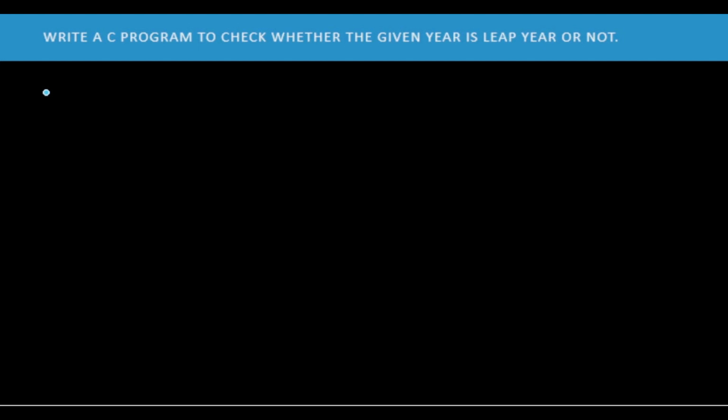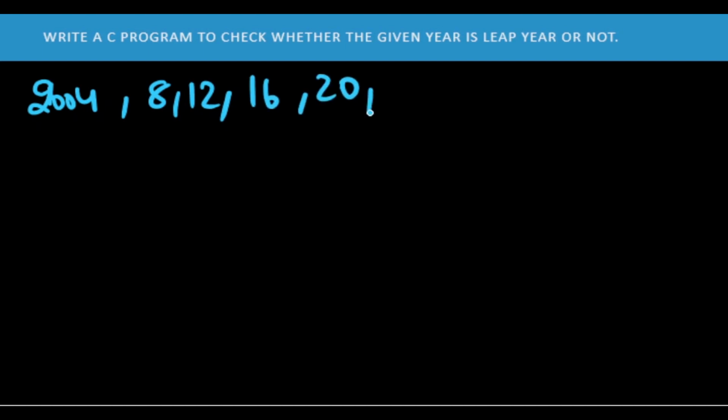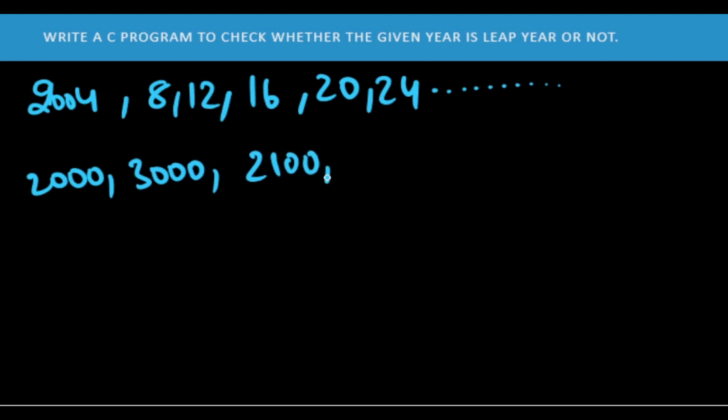According to the scientists, multiples of 4 like 2004, 8, 12, 16, 20, 24, all these years are leap years, except multiples of 100 like 2100, 2200, 2300.